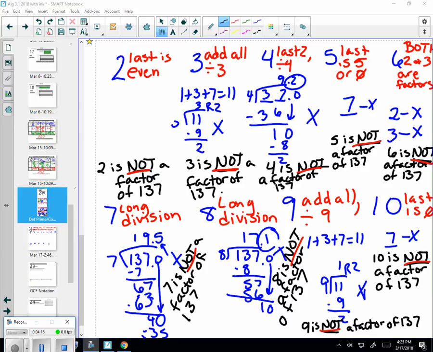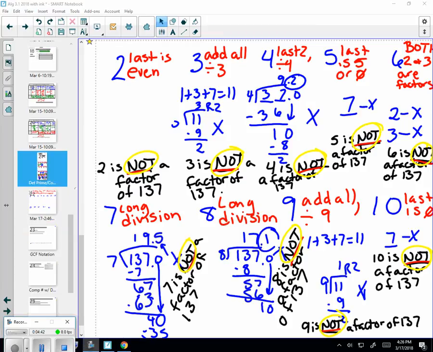We're going to find here that 2 is not a factor, 3 is not a factor, 4 is not a factor, 5 is not a factor, 6 is not a factor, 7 is not a factor, 8 is not a factor, 9 is not a factor, and 10 is not a factor. At this point, we have to keep working.